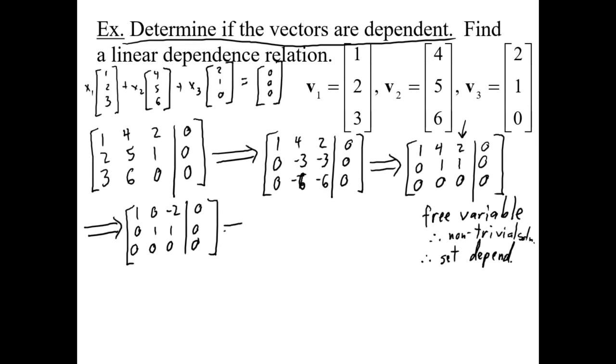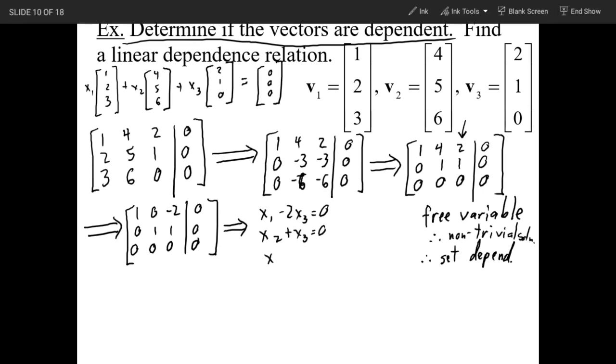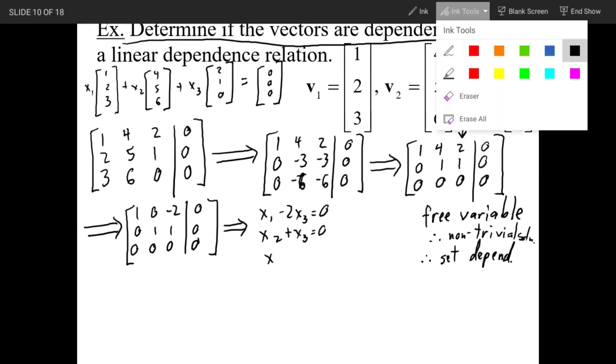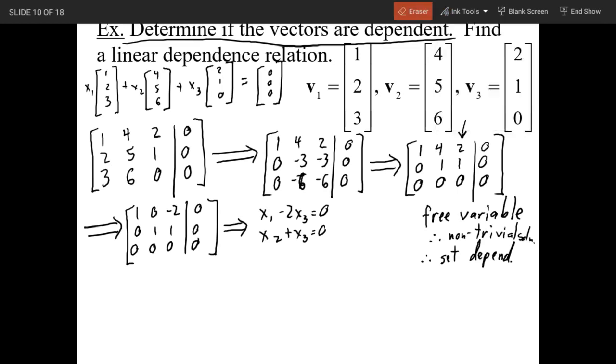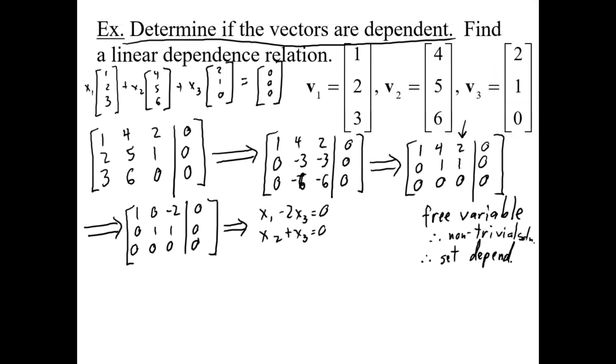Now it's in reduced echelon form, so now I can say x1 minus 2x3 is equal to 0, x2 plus x3 is equal to 0, and of course x3 is free. Now if I write out my solutions here, x1 is equal to 2x3, x2 is equal to -x3, and x3 is equal to x3.